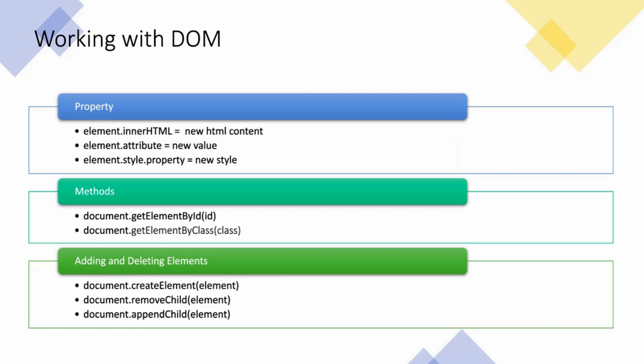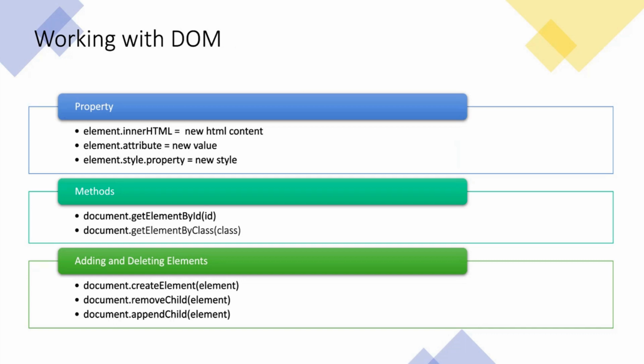With DOM, we can change the properties of HTML elements. Elements are the elements inside the HTML page. It can either be a title or a body or an h1 tag inside a body, anything present on the page.